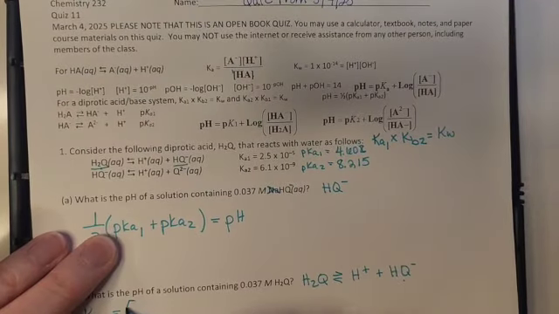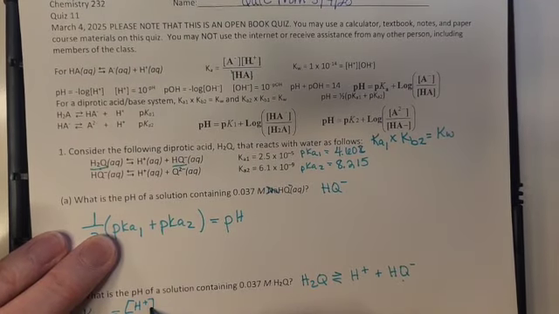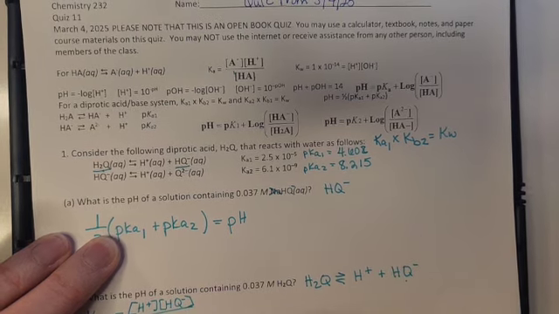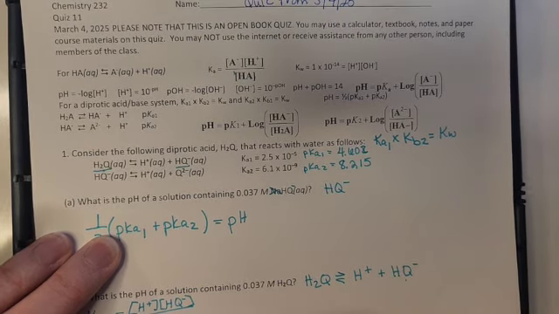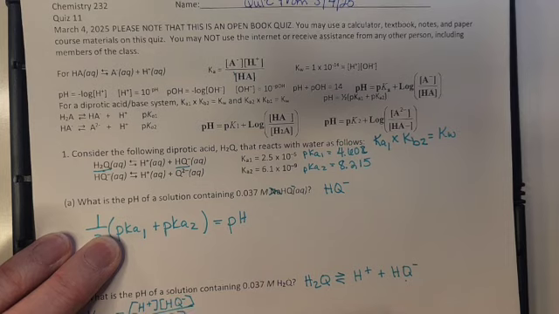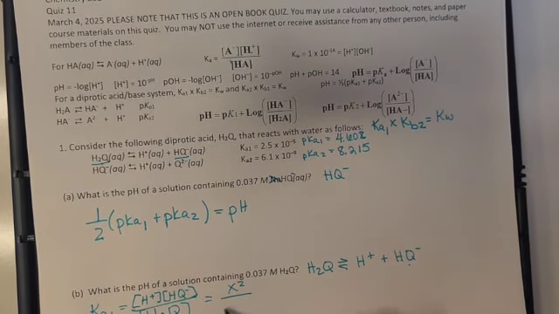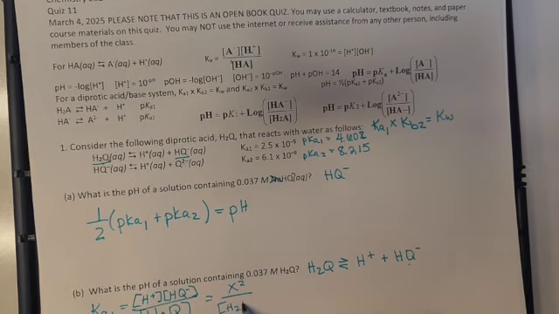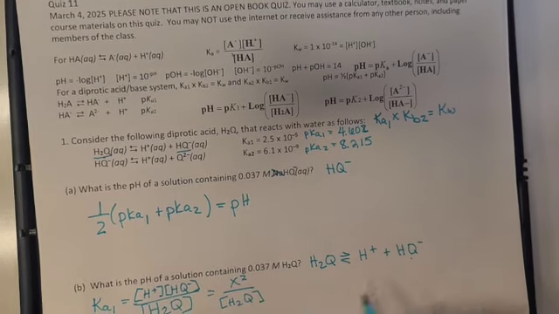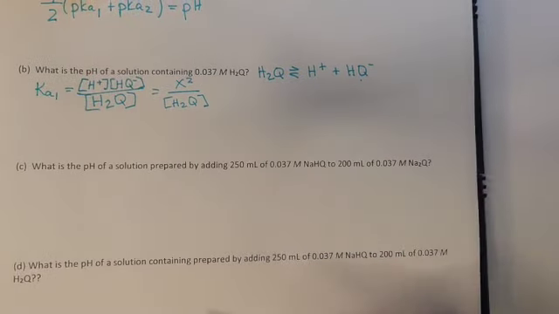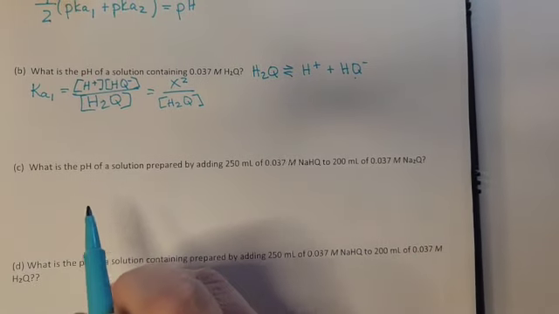So we are going to put the concentration of our hydrogen ion times our salt over this concentration here. This is going to be x squared over H2Q. And that's how we're going to solve that. And we'll work that out a little bit further in another video. But let's just keep going here.